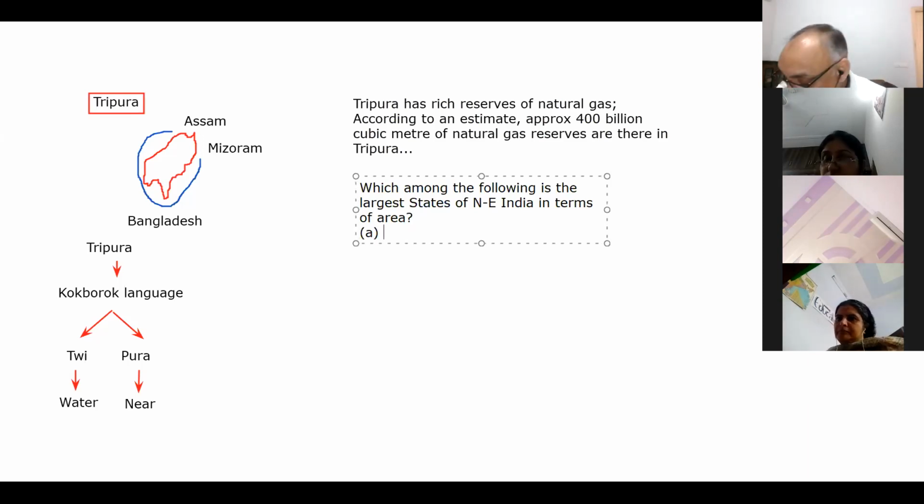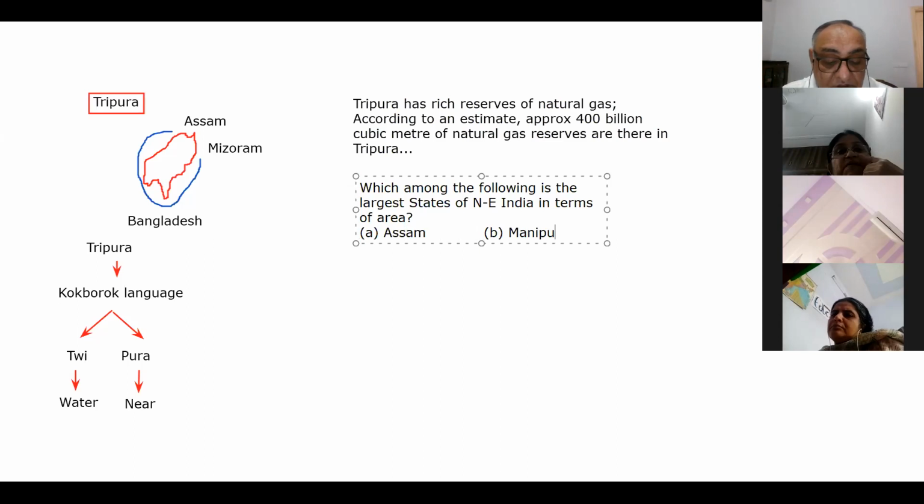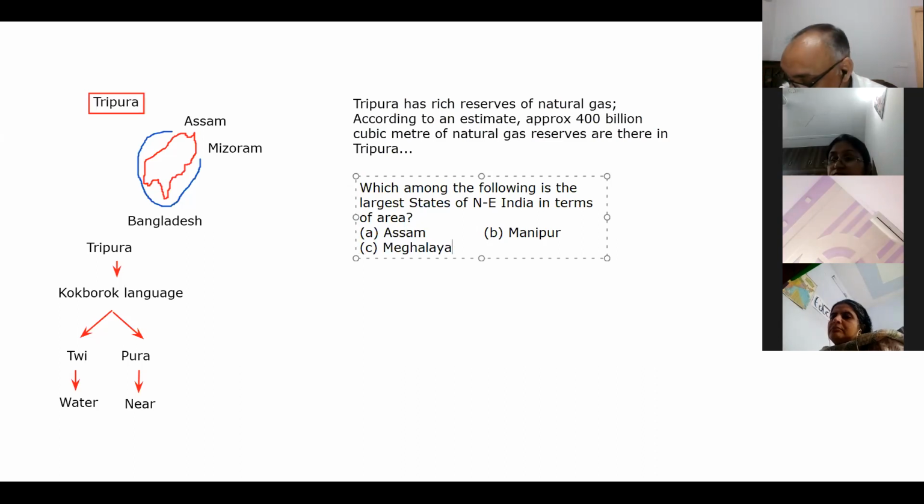So let's suppose the options are number 1 Assam, second Manipur, third Nagaland, and the fourth option is Arunachal Pradesh.